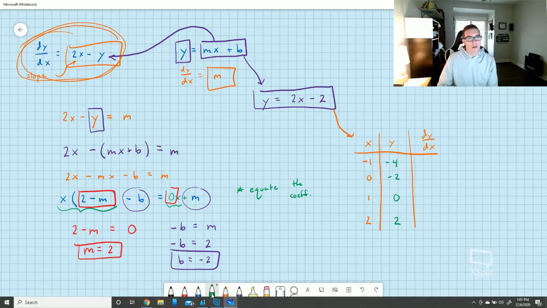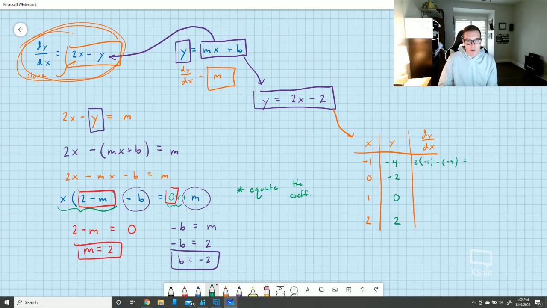So what I am trying to convince myself of is, does this differential equation apply to this linear function? So it's saying, okay, well, in order to get the derivative, plug in x and y to the differential equation. So 2 times our x coordinate minus our y coordinate. And what do we get?